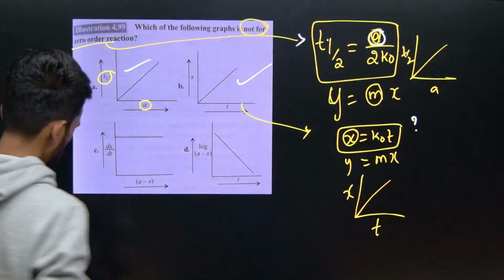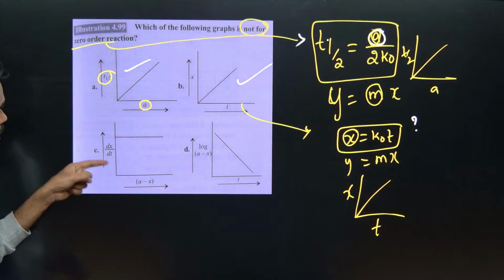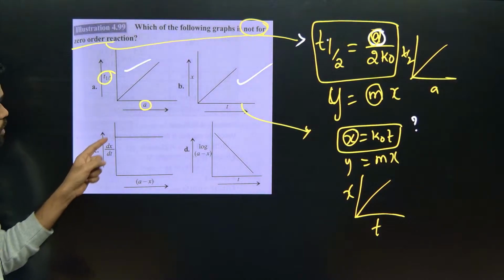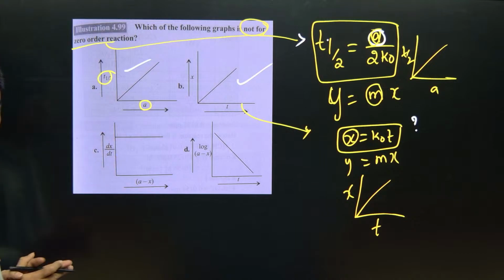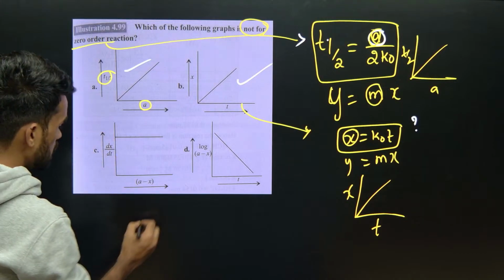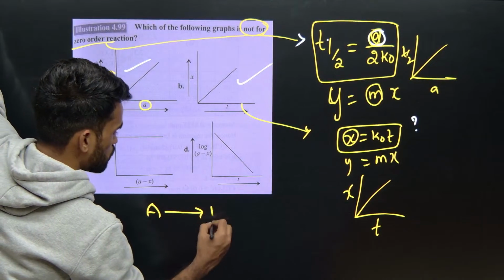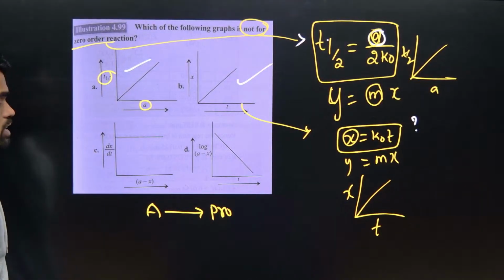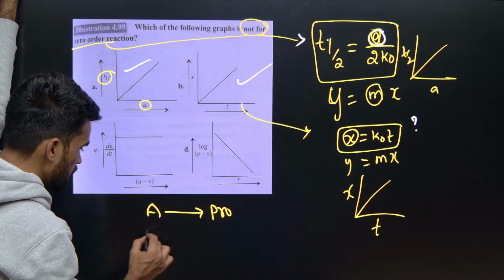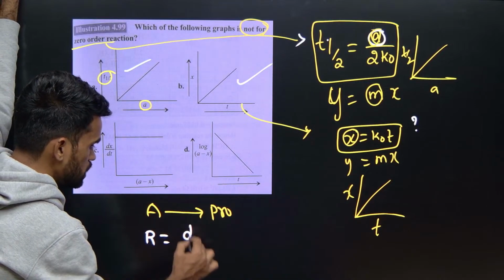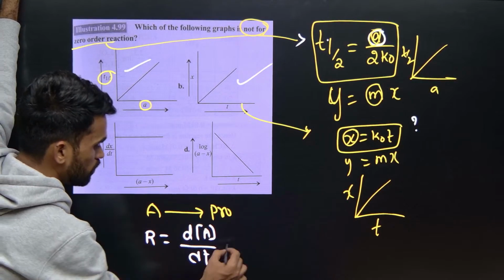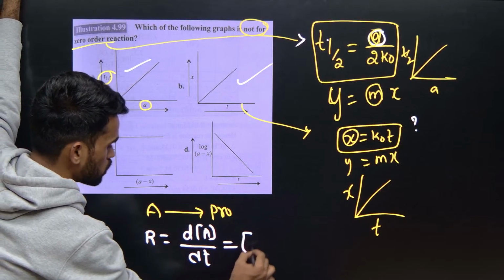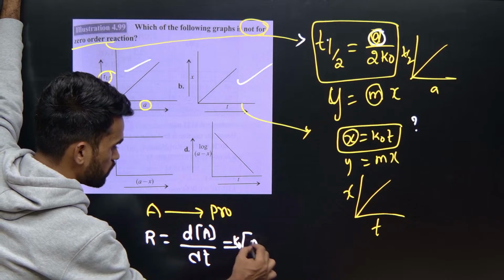They are saying dx by dt is independent of the concentration of reactant. Yes, this is also for a zero order reaction. Why? Because if a reaction A gives rise to some product, and it is following zero order, what can we write? Rate is equal to the change in concentration of A with time, that is, minus dA by dt, equals K naught into the concentration of A to the power 0.